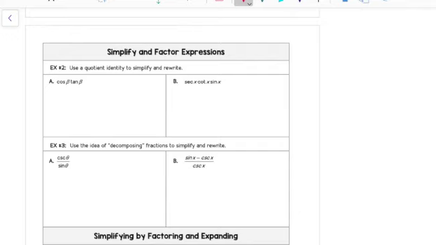So this example is asking to use the quotient identity to simplify and rewrite. Tangent beta, just another Greek letter, is equal to sine beta over cosine beta.